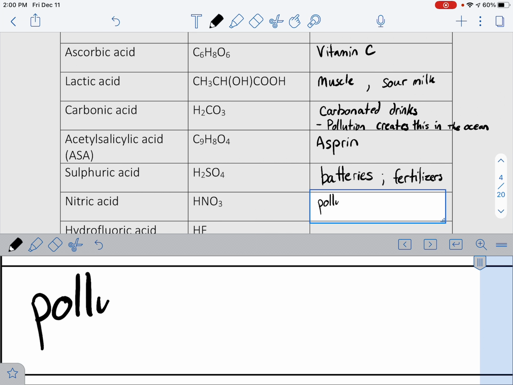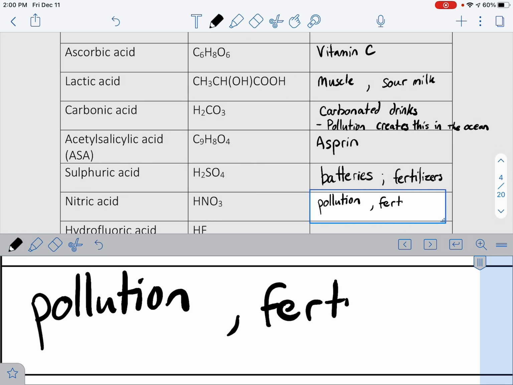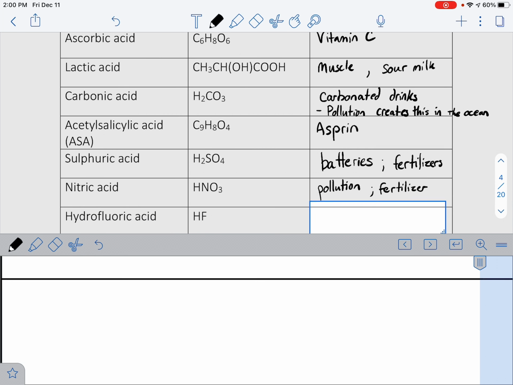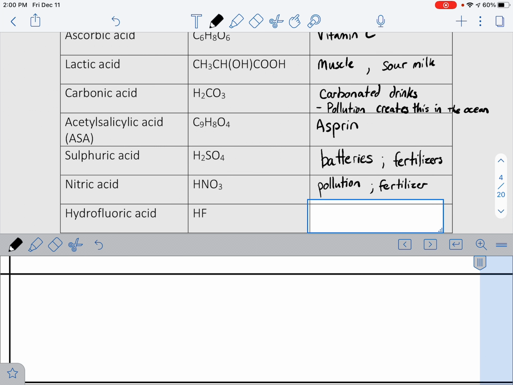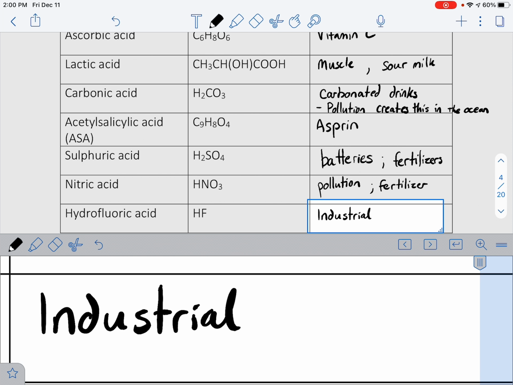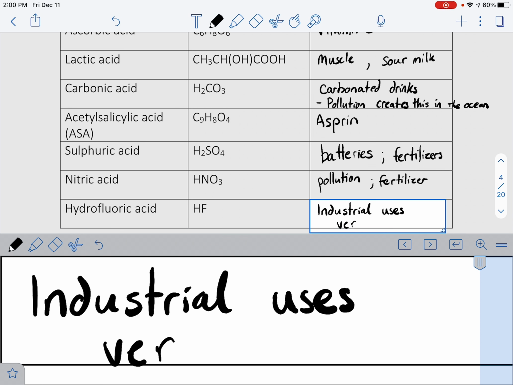This is in pollution, and it's also in fertilizers as well. So we do use a lot of acids to change the pH of the soil. And then hydrofluoric acid is used in industry. It's industrial uses, and it's incredibly dangerous.